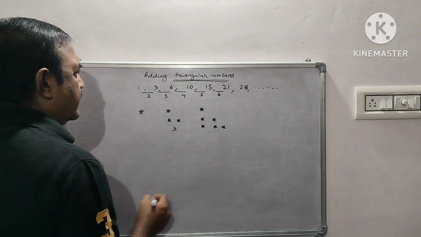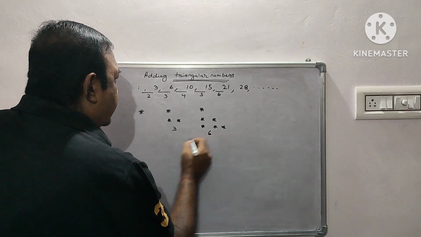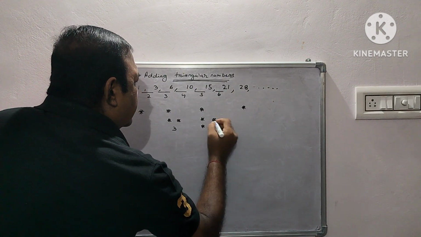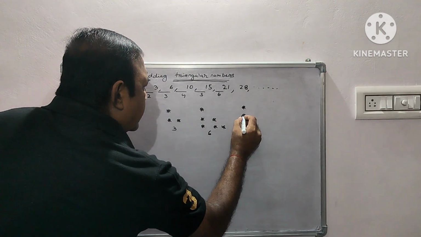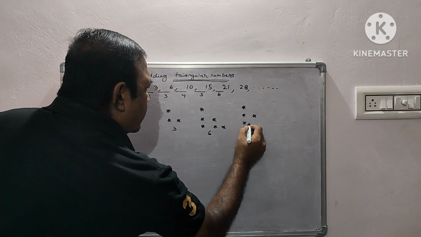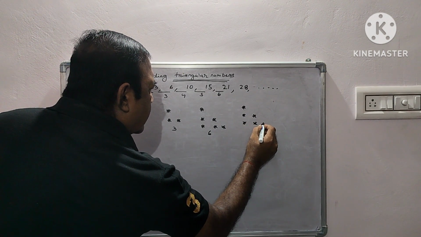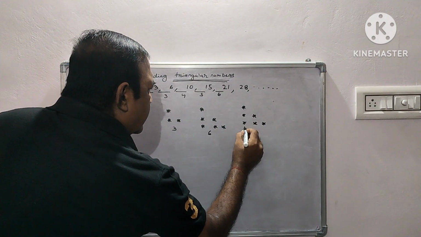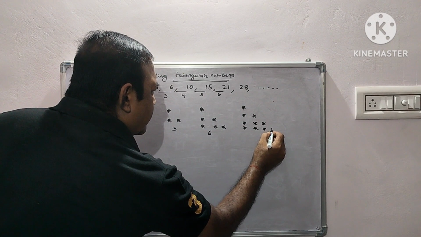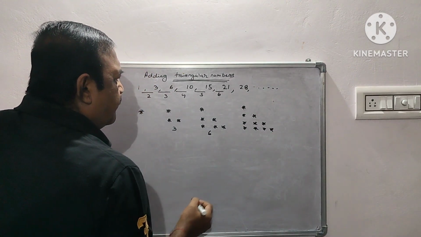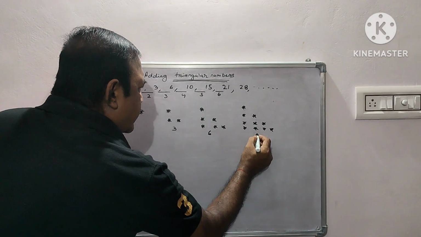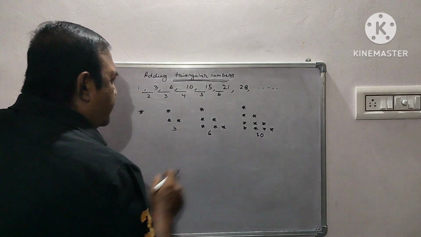And you see, this is for 6. If you go for 10, just 4 in a row now. You see, 3 plus 3, that is equal to 6, plus 4, that is equal to 10. Like this we will have to proceed.